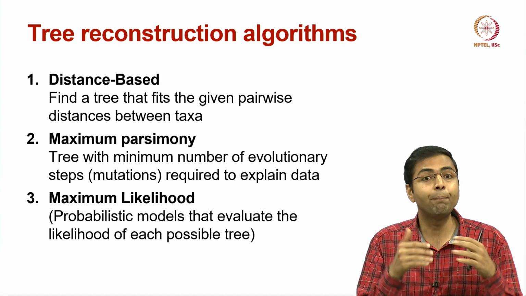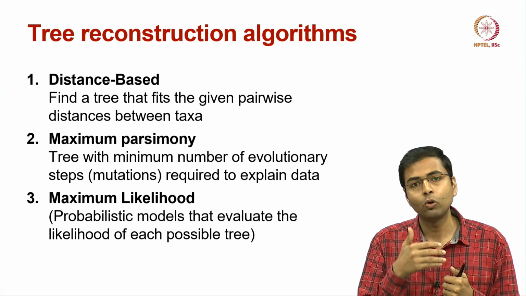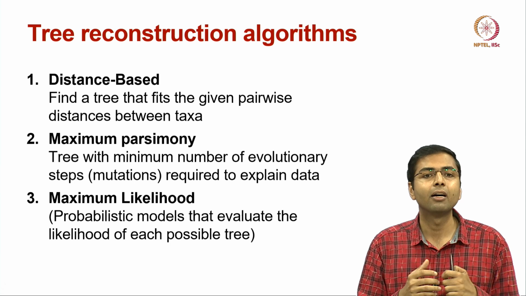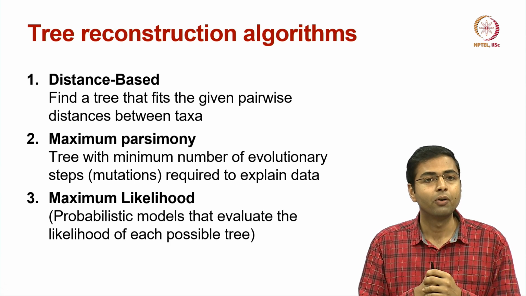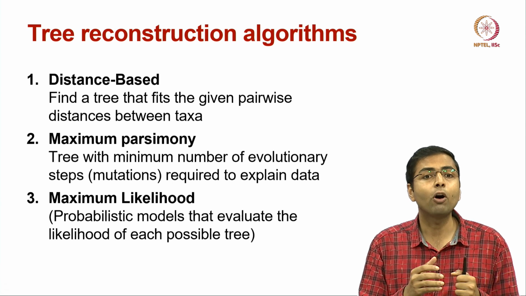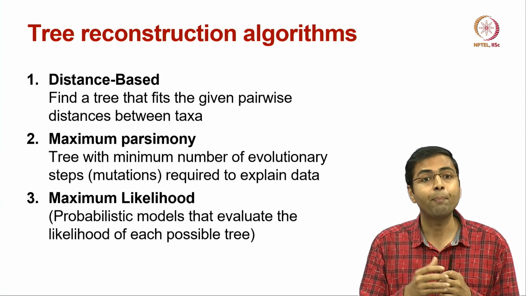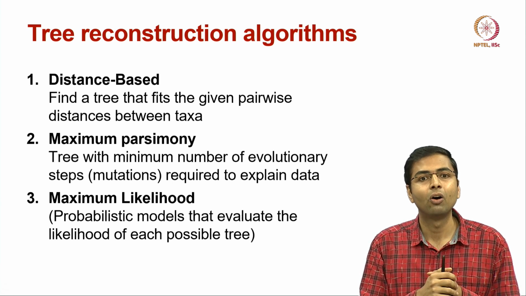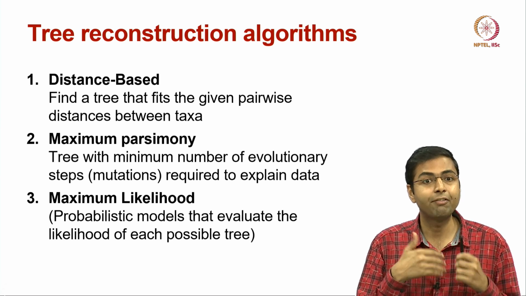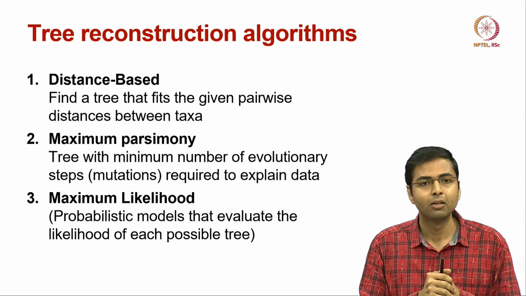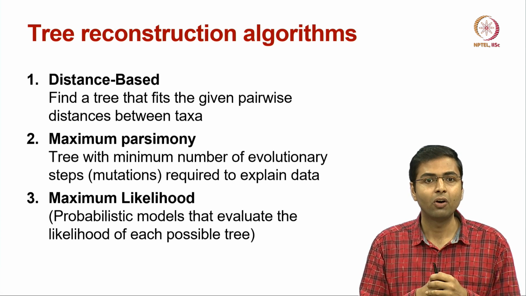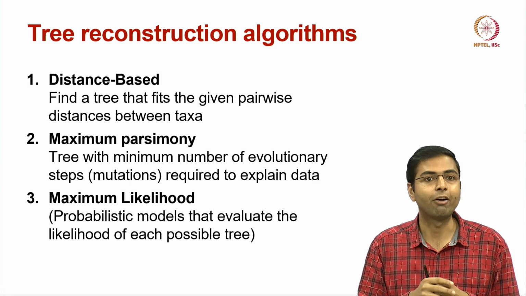That is, you are looking for the simplest possible tree that explains the given data. And the third is maximum likelihood, where you have a probabilistic model of evolution and we look for the tree which maximizes the likelihood of explaining the given data. So which tree has the maximum likelihood given the data we have.